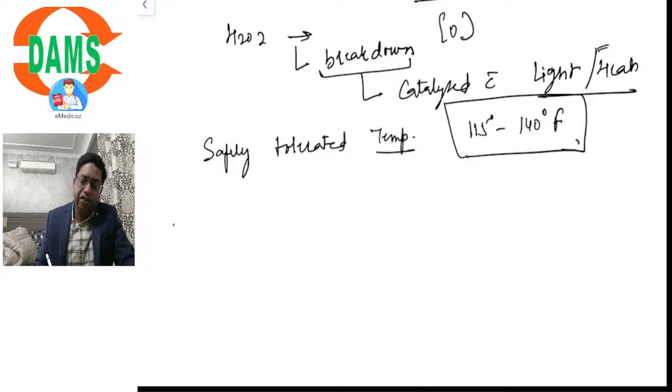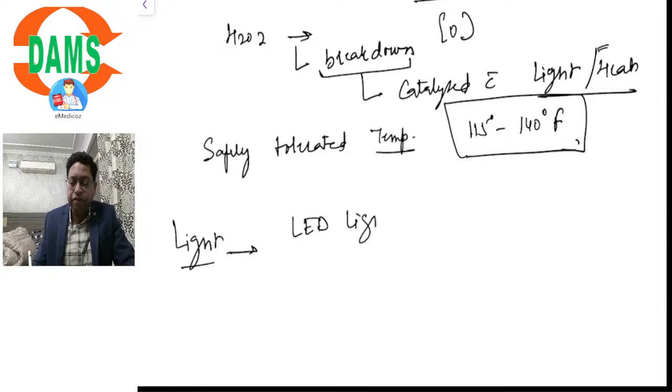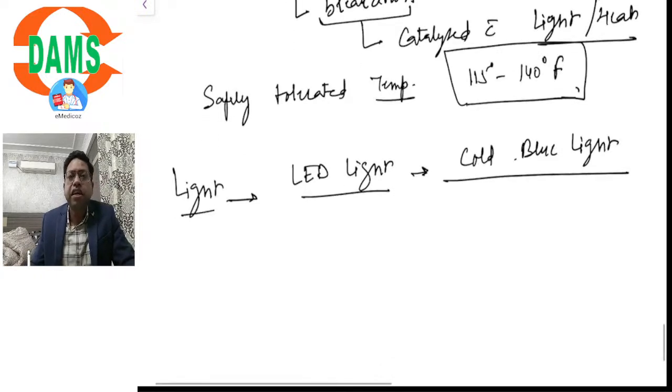If we talk about light, various bleaching light sources are used. Like we can use LED lights. You all know that LED light is commonly used for the curing of dental composites. The same LED lights can be used, which emit cold blue light.